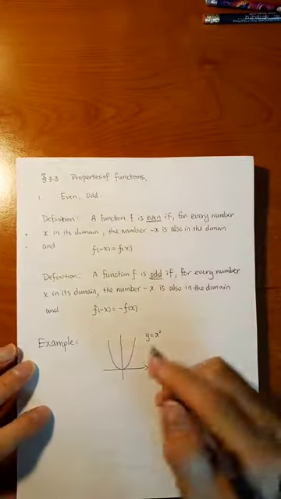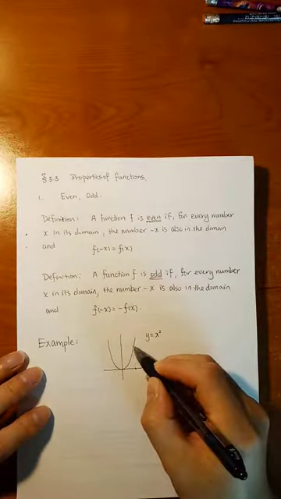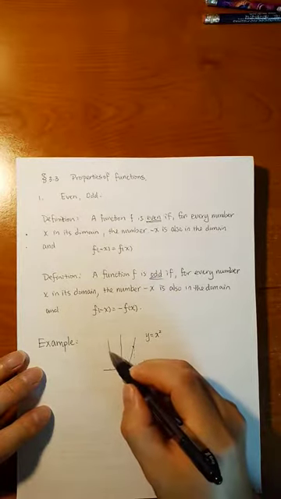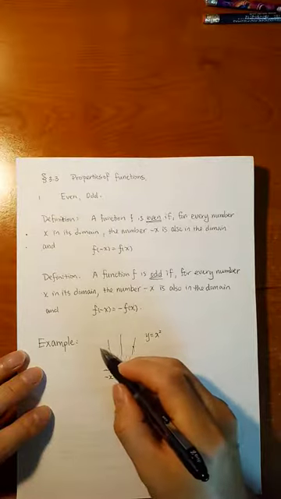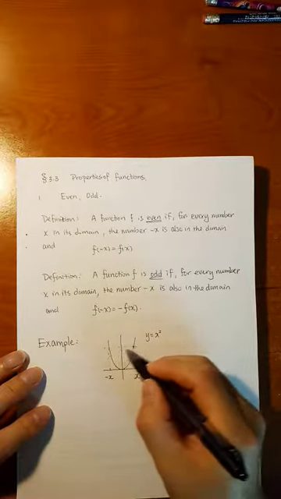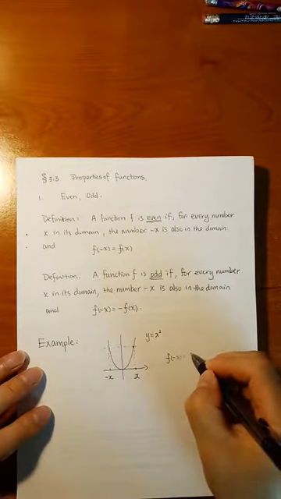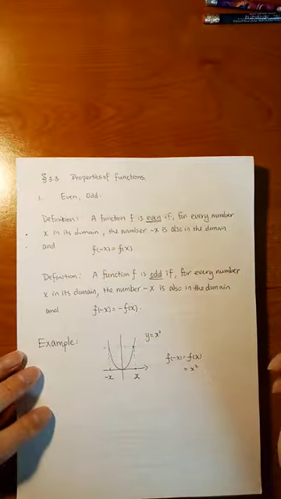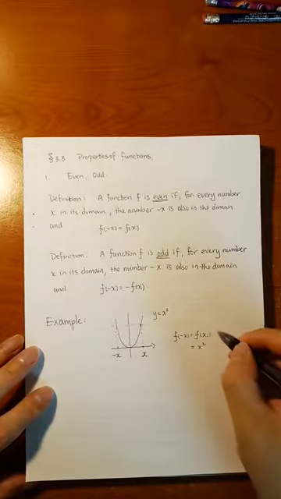For this function, you see here, whenever you have x in the domain, the negative x is also in the domain, and the corresponding y values are the same. So f of negative x is f of x. They are both equal to x squared. This is an even function.